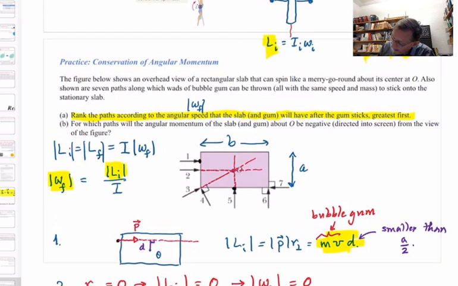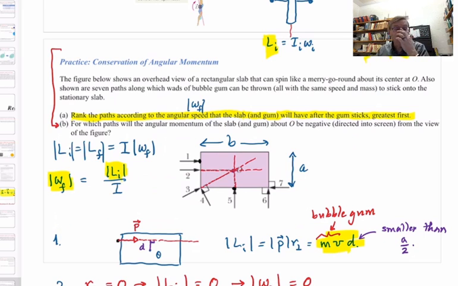It is part B. In this practice, part B, it says, for which of the paths of the 7 of them will the angular momentum of the slab and gum about O be a negative quantity? What that means is it's directed into the screen from the point of view of the figure.